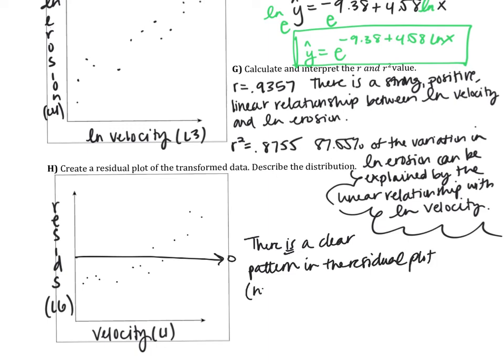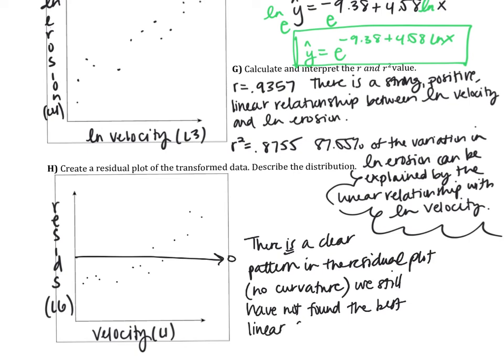Okay, there's no curvature, which is even worse, but there is a pattern, okay, indicating we still have not found the best linear fit. Okay, so we still have not found it.